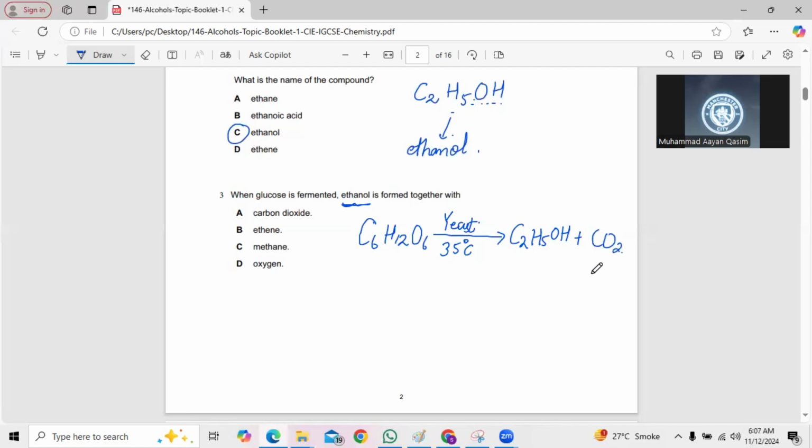Is that clear? So if we want to balance it, that would be 2 here, and that would be carbon dioxide. Is that clear?